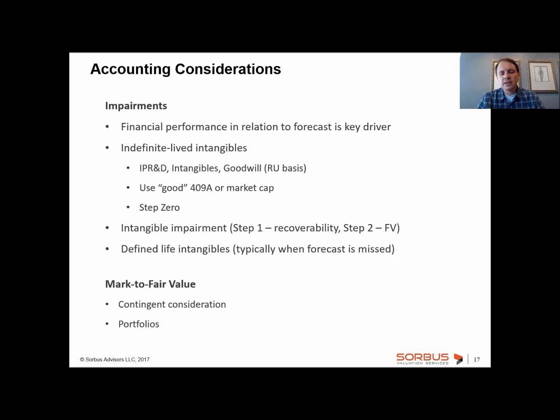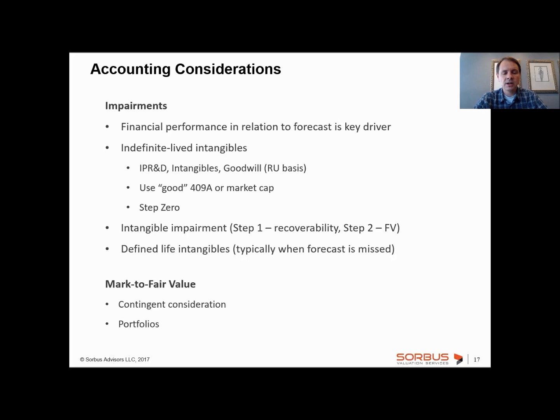Where impairments may depend upon how well the acquisition is performing is when you look at individual intangibles that were assumed in those situations. Let's say you acquired a customer relationship intangible and that acquisition failed, then that intangible would be written off, or most likely tested for impairment and written off or written down.